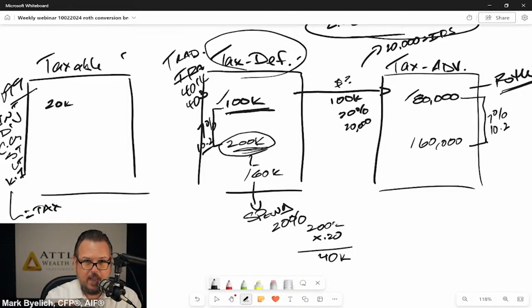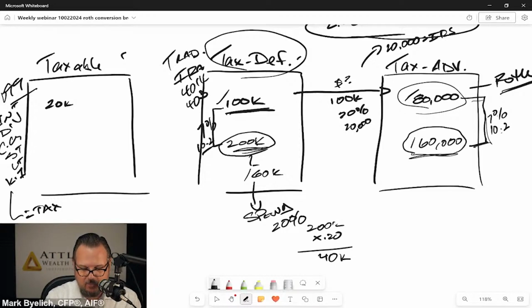You've already paid the tax on the conversion at $80,000, had that growth of 7% over 10.2 years in that example. You doubled your money, and then you end up with $160,000 of spendable money because it's after tax in your Roth. Because anything that you take out of here, you don't pay tax on as long as it's a qualified distribution.